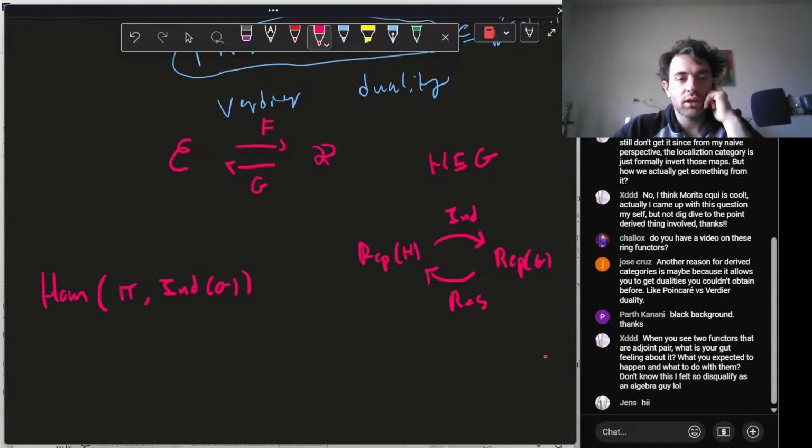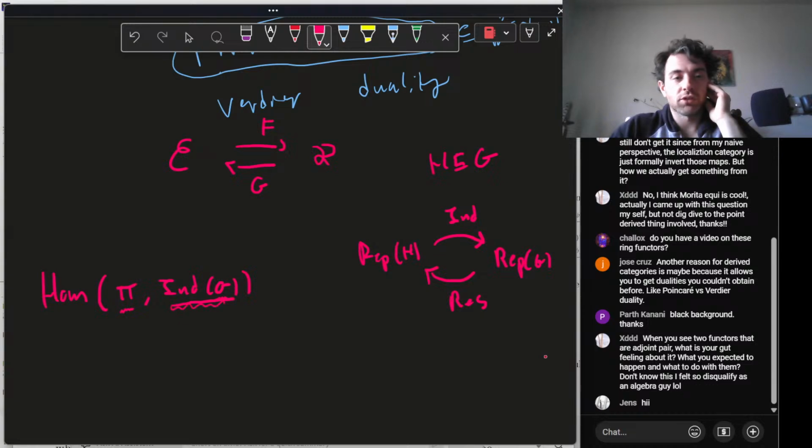So let's say you want to know, say I've got this irreducible representation pi. I want to know if I started with this representation sigma of H and I induce it, then one way I could measure if pi is in here is I could look at the Hom from pi into this induced representation.